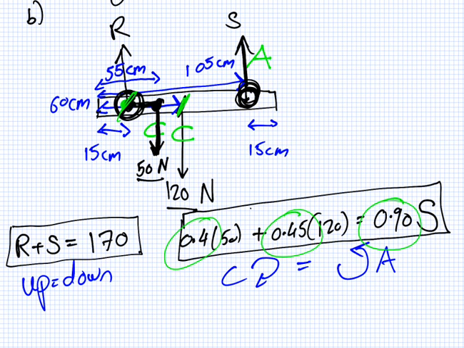Amanda, does this make sense? You're confused? 0.4? It's the distance from here to here. So maybe if I draw it again, or maybe if I go back to this here. Look up. 0.4 is the distance from here to here.